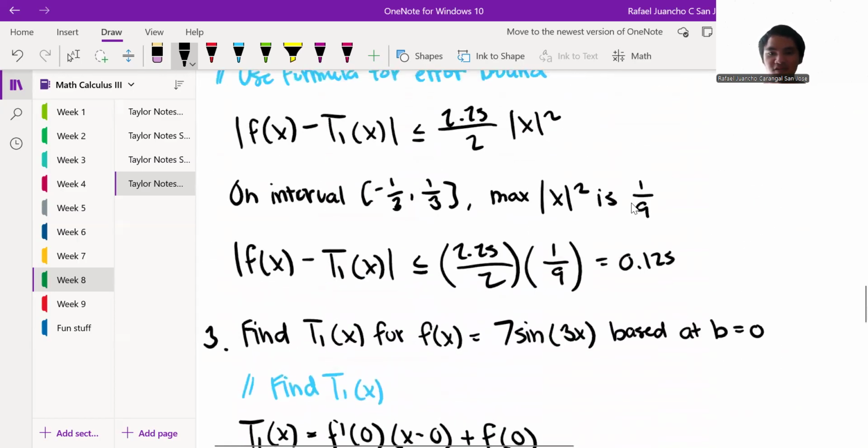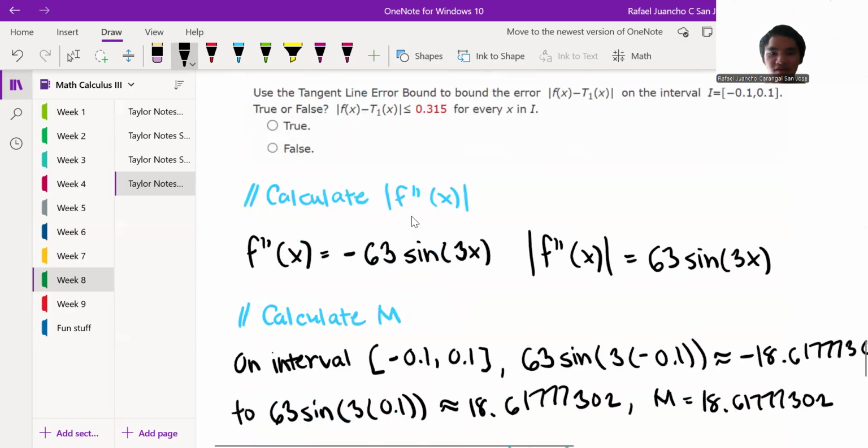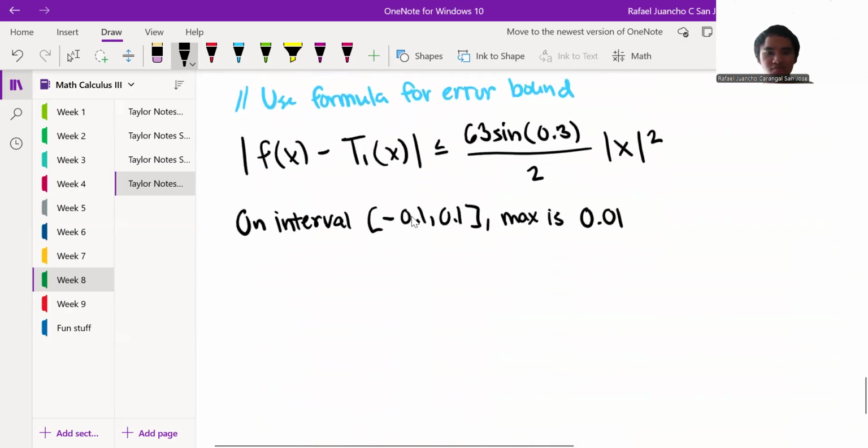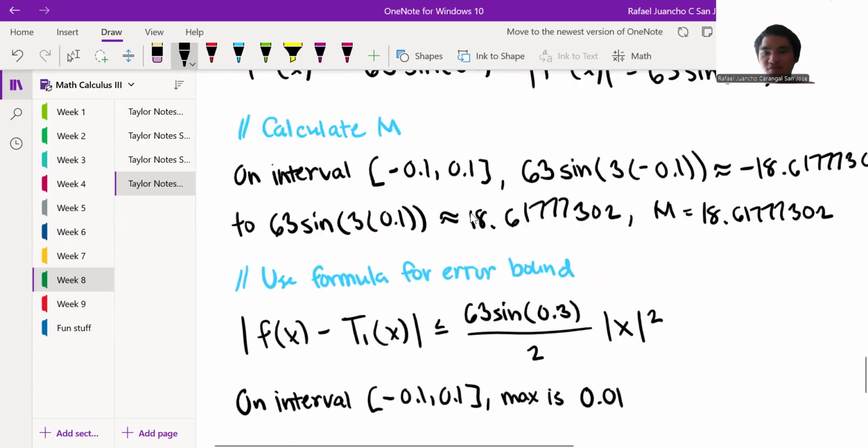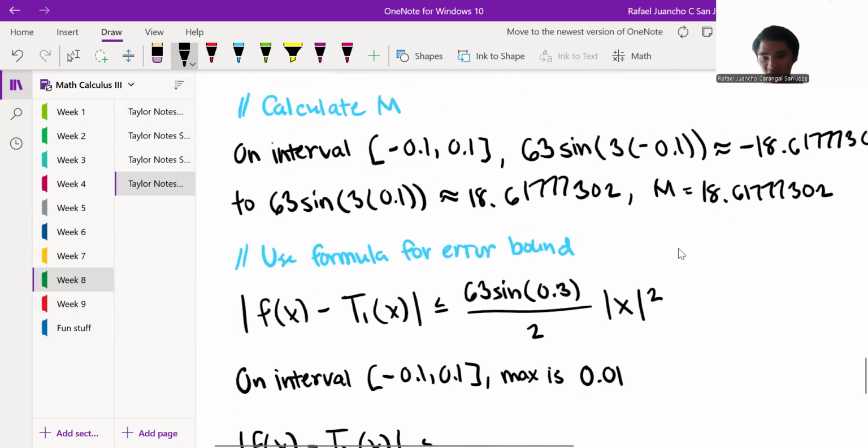Once I get the max, I just multiply it, and then I see where it goes. Okay, let me actually try, so this is around 18.61777302 divided by 2.